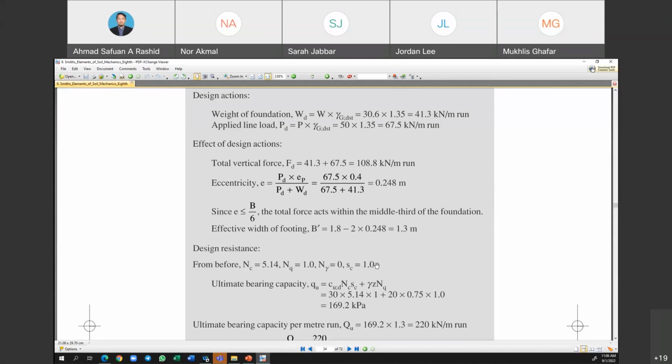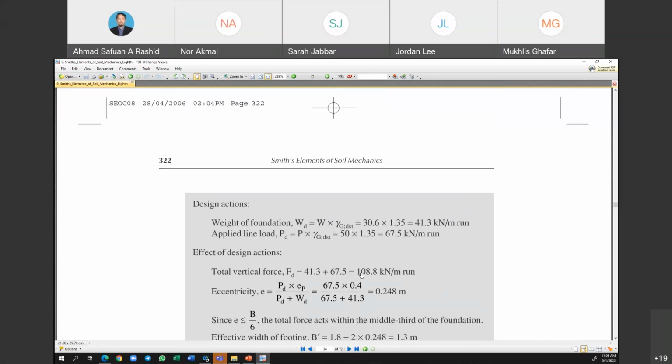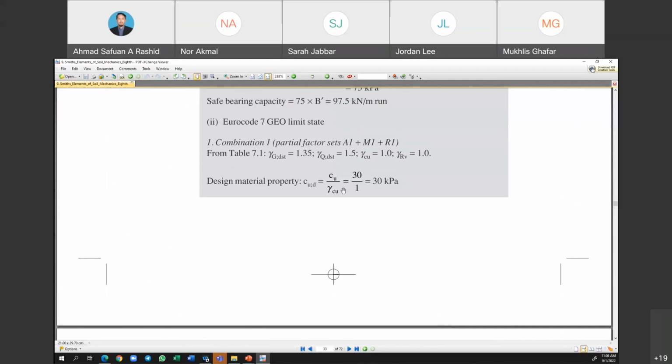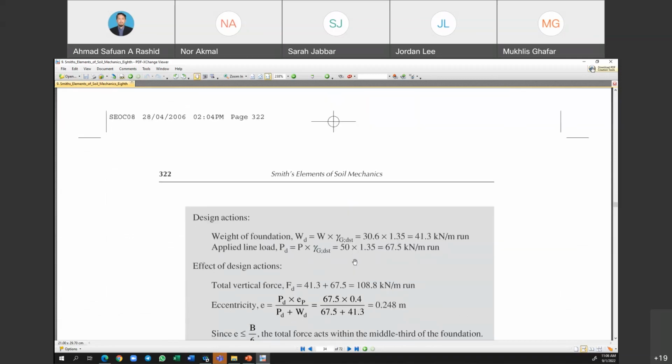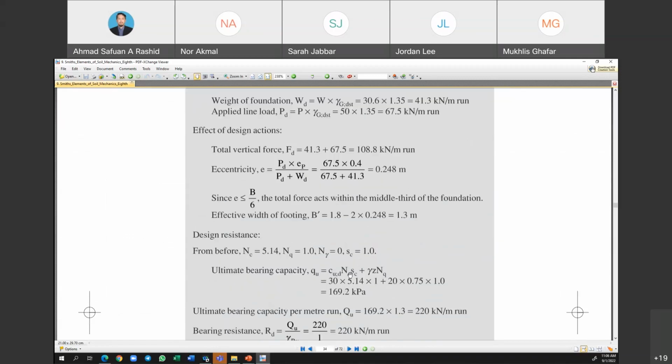So the ultimate bearing capacity is CU times NC times SC, where CU is after dividing with 1, plus 20 times 0.75 times 1.0.